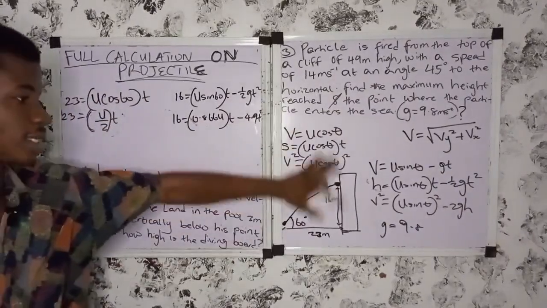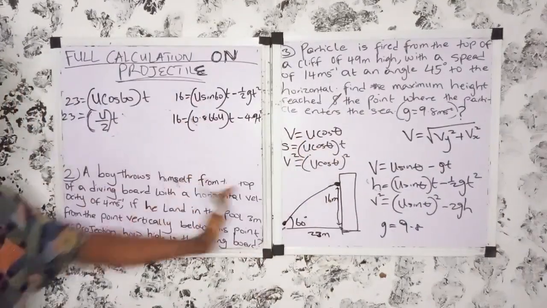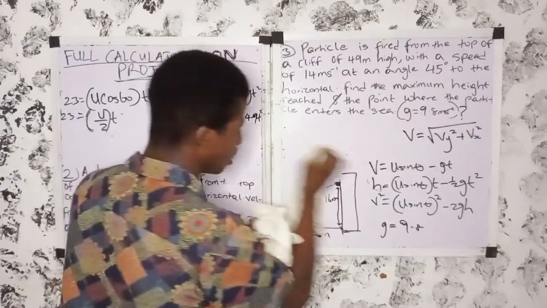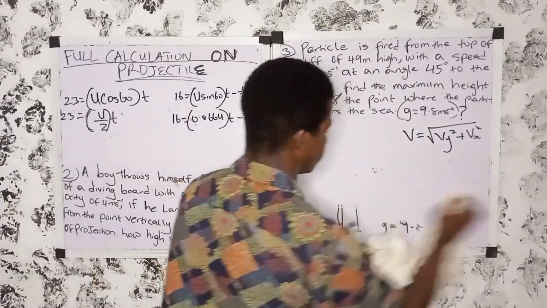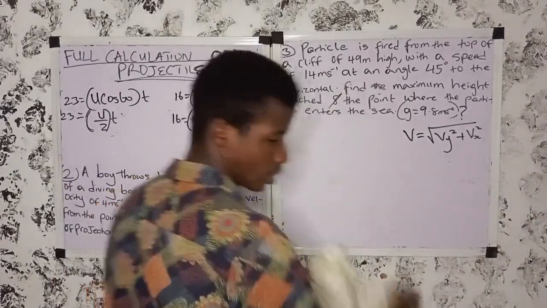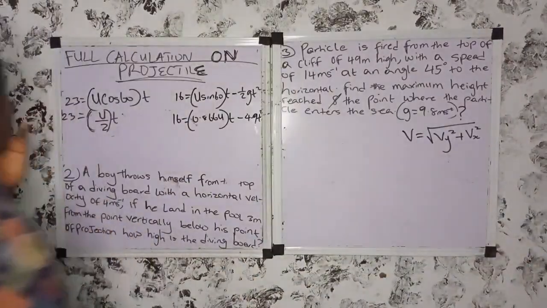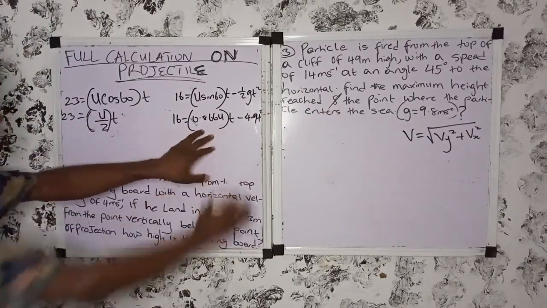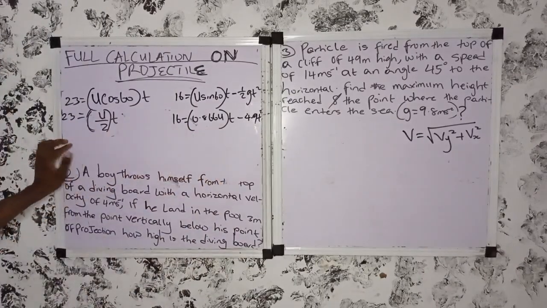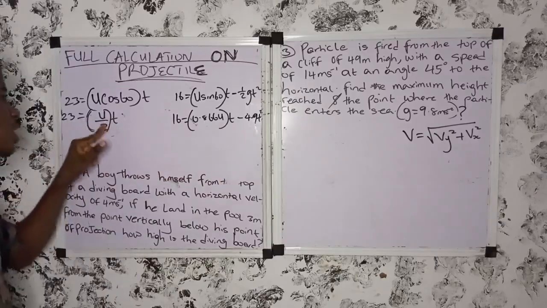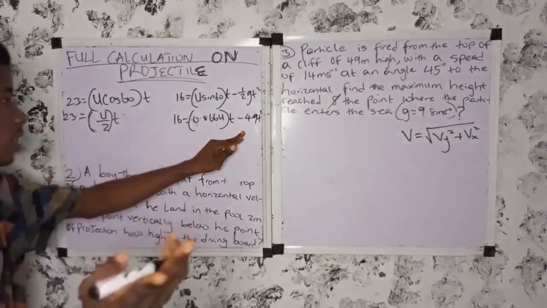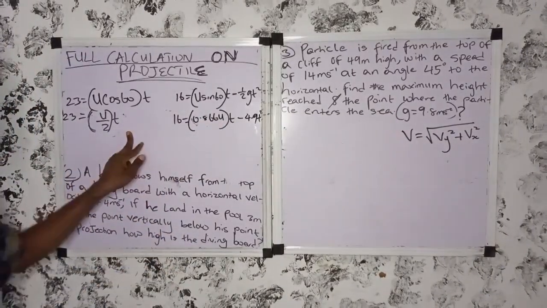So I can clean this part now. I've already analyzed what we are going to do, so let me clean this part to save space. Okay, so we have arrived at this part. We have also arrived at this part. So what are we going to do next? If you look at this part, we have two unknowns, U and t, right?